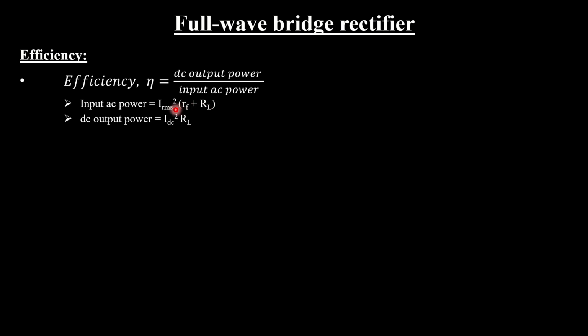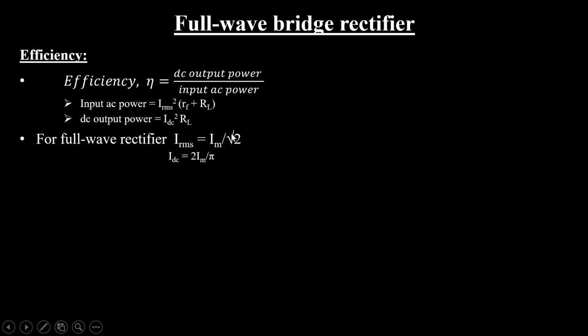And since we are taking the AC, we have to consider the IRMS. So IRMS square into RF plus RL is the AC input power, and the DC output power is IDC square into RL.